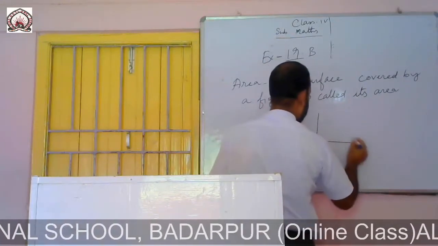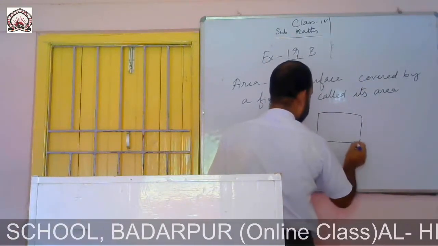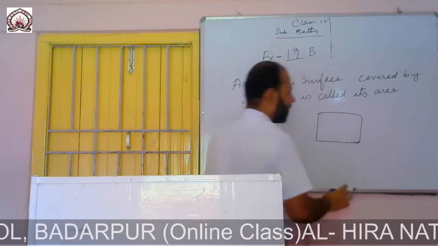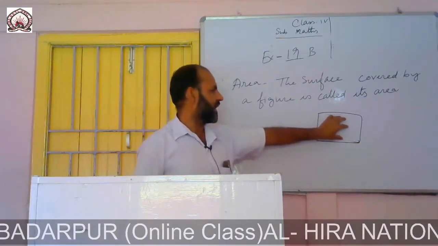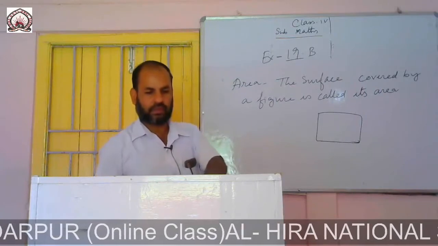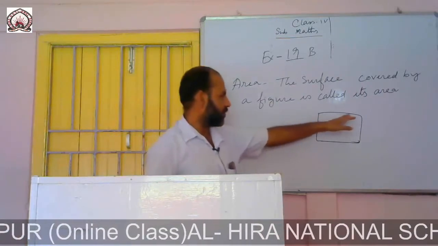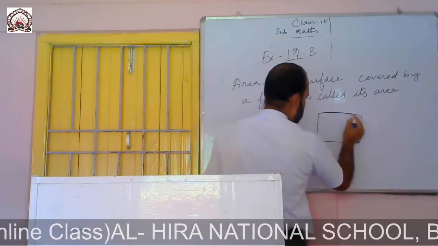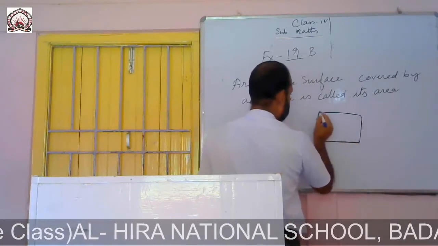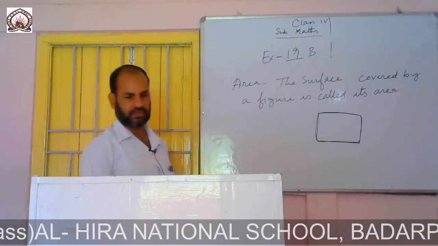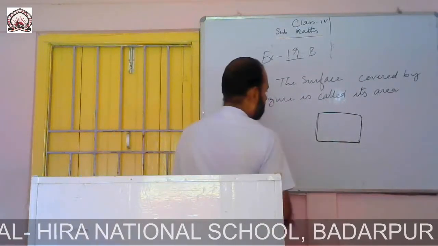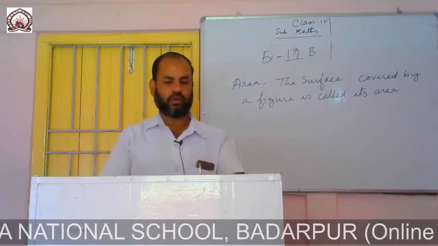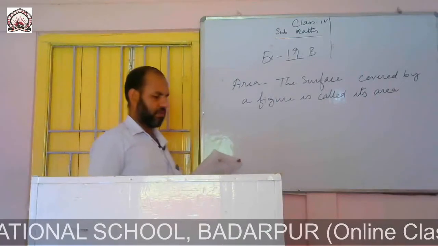Suppose we take out the area of this rectangle, so the whole surface covered, the total area, we have to take out. Not only the boundary, the whole surface we have to find out.